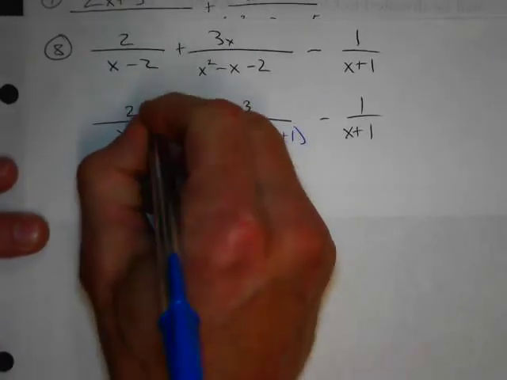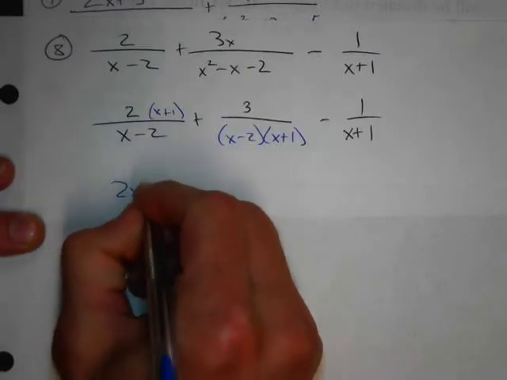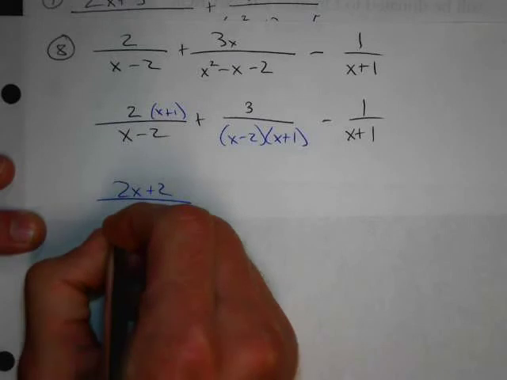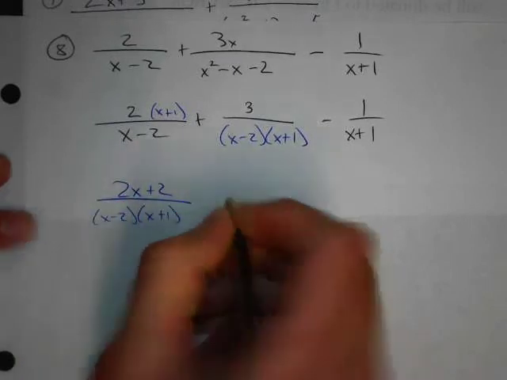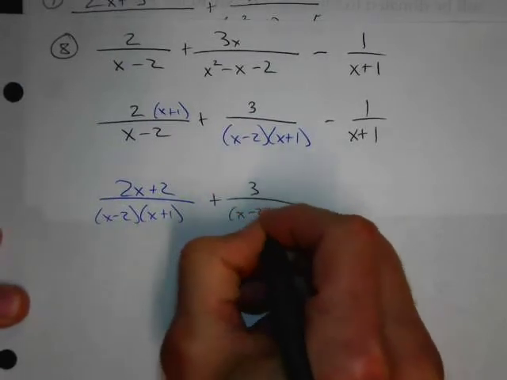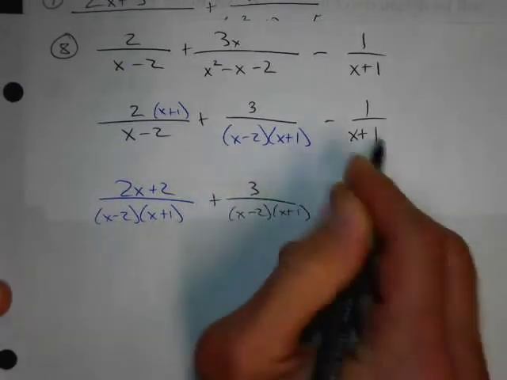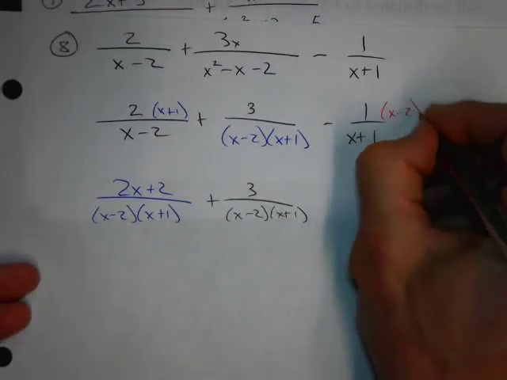So watch what's going to happen. I'm going to multiply this by x plus 1. So I get 2x plus 2 over the common denominator, x minus 2, x plus 1. The middle number remains the same. And the third number is missing an x minus 2, so I'm going to multiply that by x minus 2.